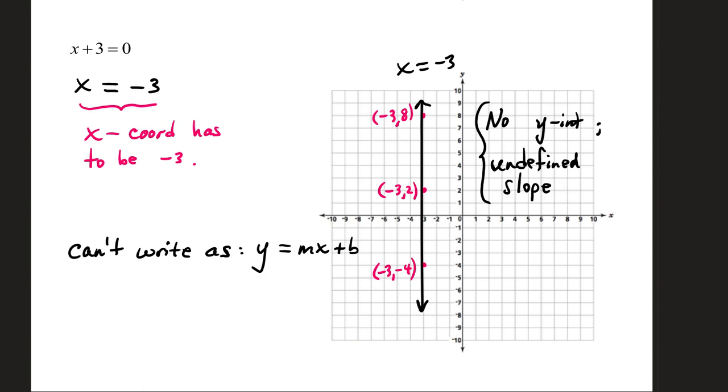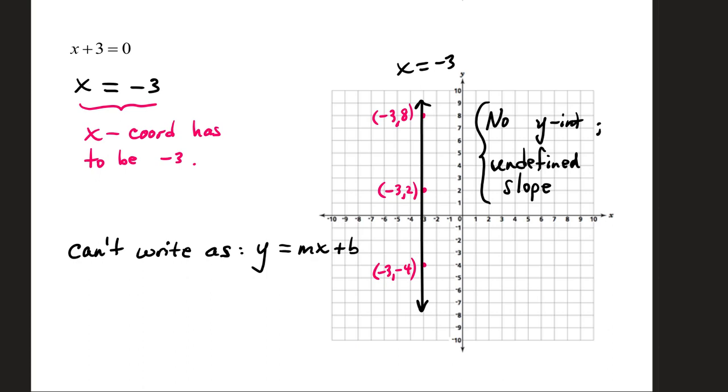Now, if we go back to the verbal description of slope as vertical change over horizontal change, we have a lot of vertical change, but we don't have any horizontal change, and that would mean our denominator is 0, vertical over horizontal. Horizontal being 0 puts a 0 in the denominator, and so if you take a fraction like 5 divided by 0, that's undefined.